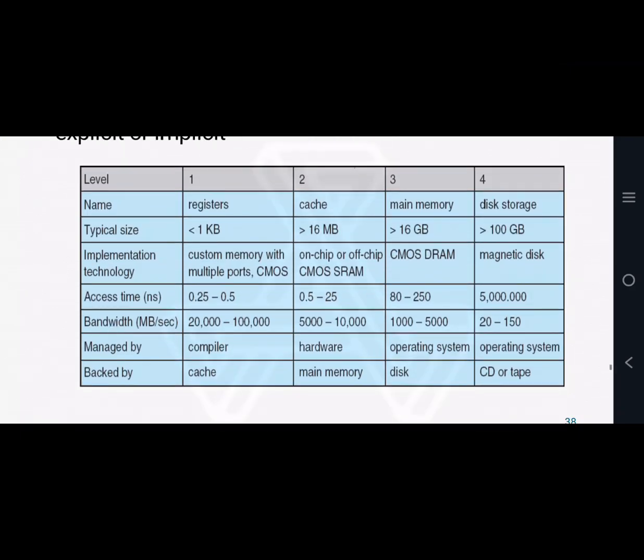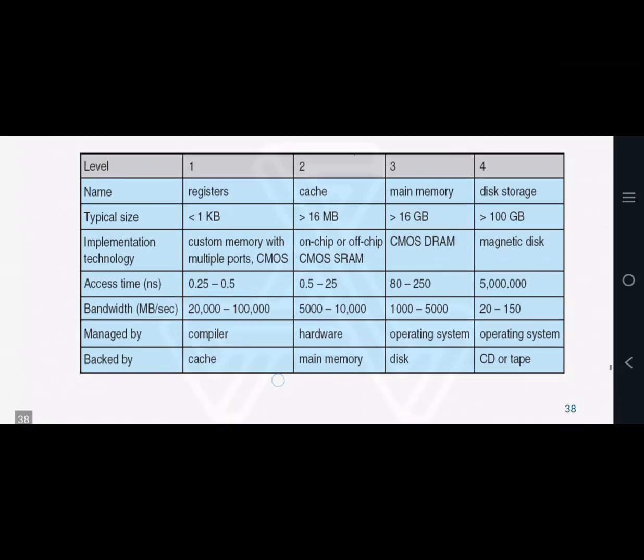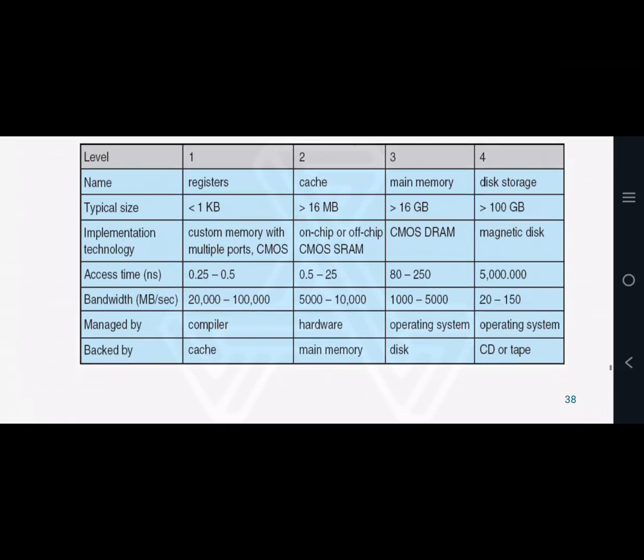For each level we list the name, typical size, implementation technology, access time, bandwidth in MB per second, and who it is managed and backed up by. Registers: less than 1 KB, custom memory with multiple ports, CMOS, 0.25 nanoseconds access time, managed by the compiler.